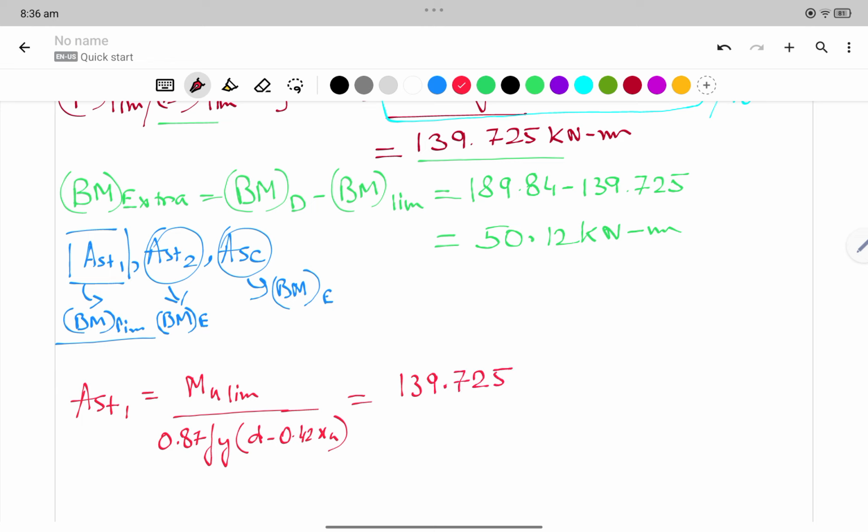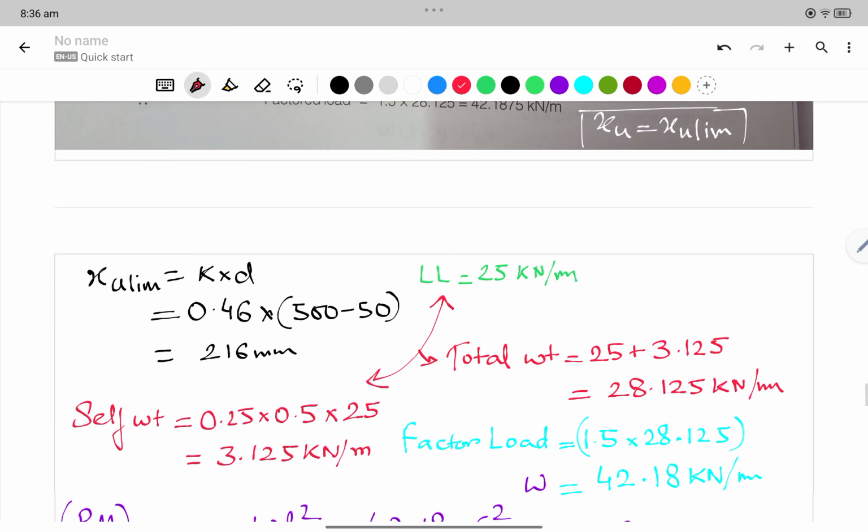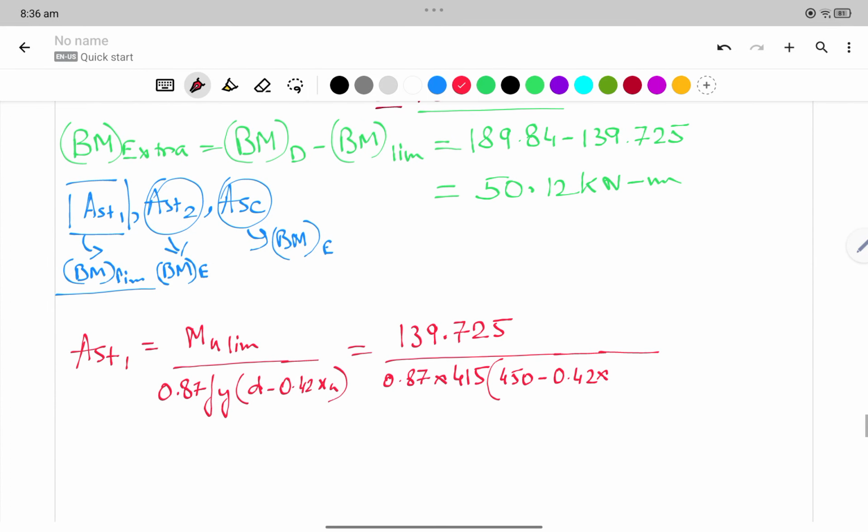Okay, so see, the Mu limiting value has come to 139.725 divided by 0.87. Fy is 415 into D is 450 minus 0.42 into XU. XU is 216. See here, all the values are in mm.